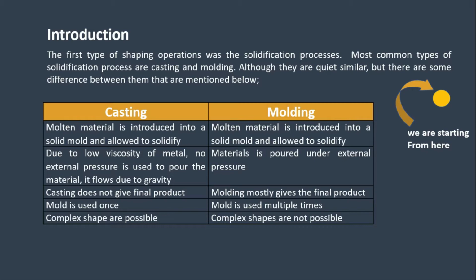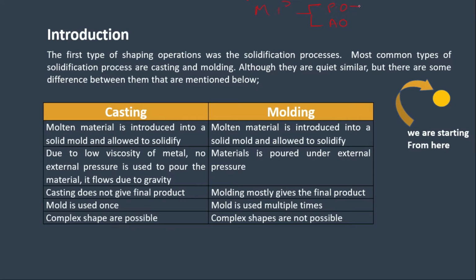It is the first type of shaping operation, if you remember the chart we saw in the last lecture, where we have the manufacturing processes, which have two subtypes: the processing operations and the assembly operations.